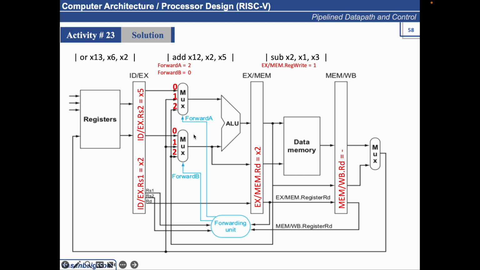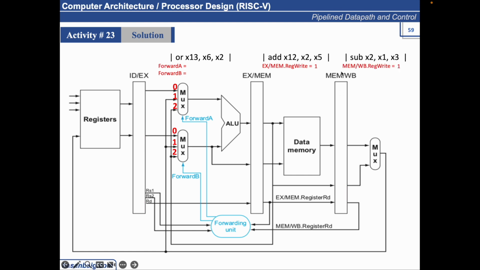If we move ahead now, at this point the mem write back register write signal is 1, and this one is also 1. Here RD is x2 and RD is x12 in this case. What about RS1 and RS2 here? RS1 is x6 and RS2 is x2. For this one, RD is not equivalent to any of the source registers, but here the RD is equivalent to one of the source registers, RS2.